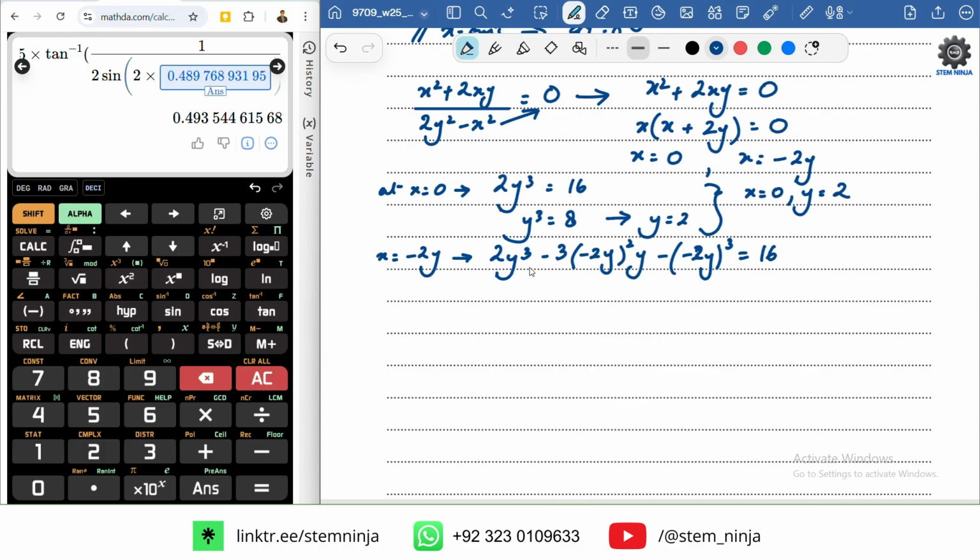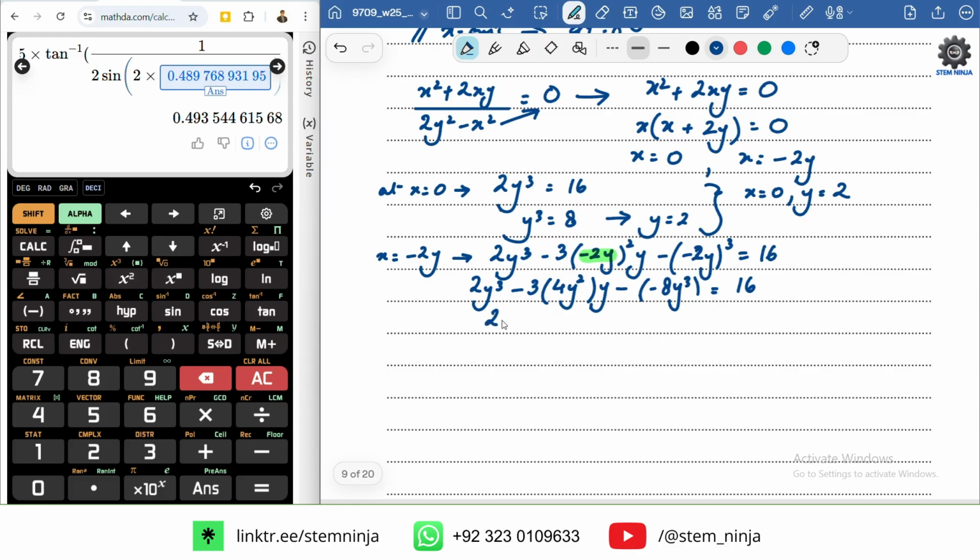Let's figure this out. You have 2y cubed. The square of negative 2y would be just 4y squared. So minus 3 times 4y squared times y, and this would be minus 8y cubed equals 16, because negative 2y whole cubed would still be negative.